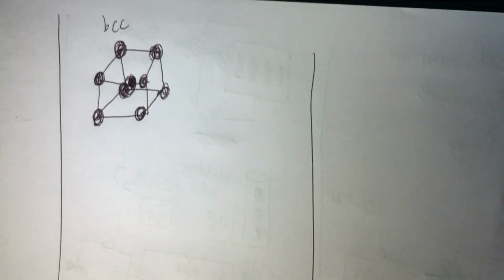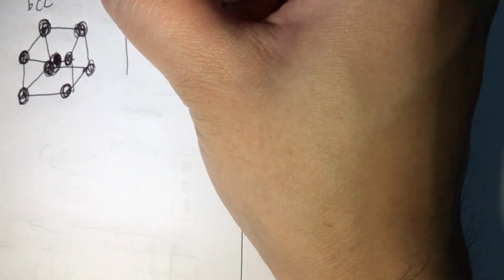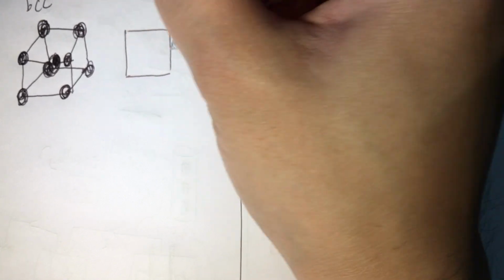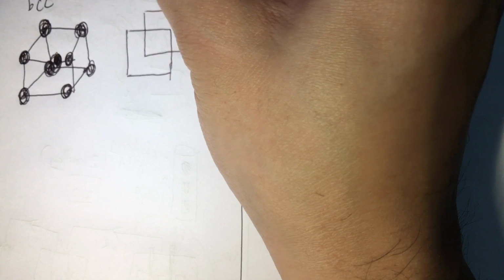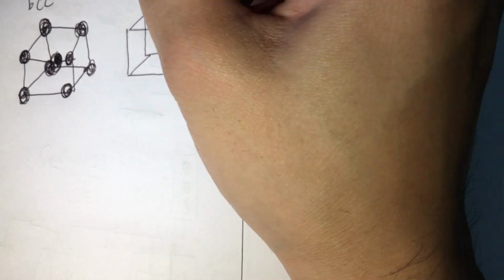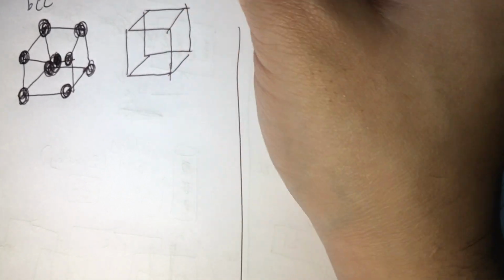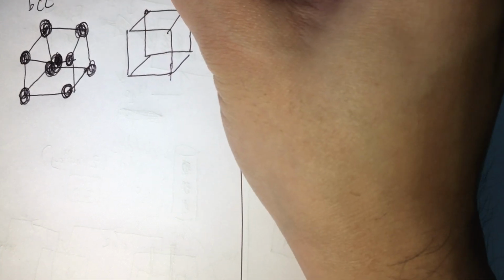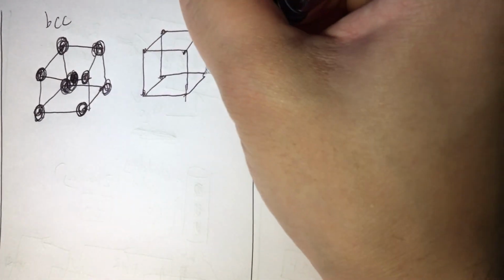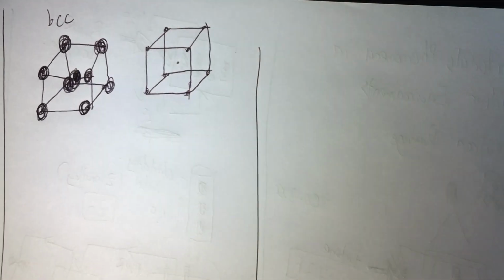Okay, the picture is not that clear, but let me draw smaller atoms so that you can see where they actually are. So one at each corner, and one at the center. That's a body-centered cubic. You also have face-centered cubic.